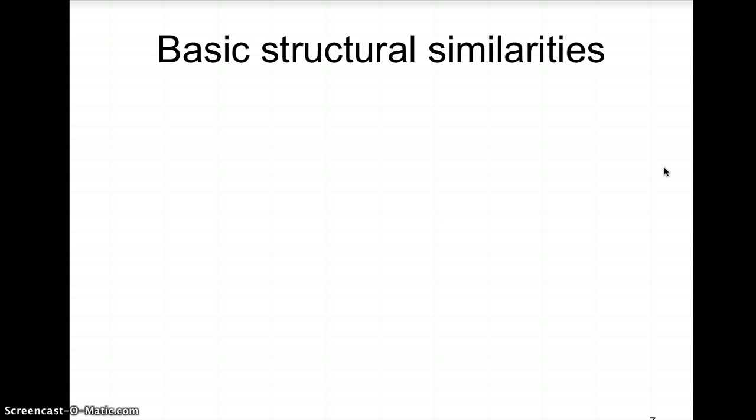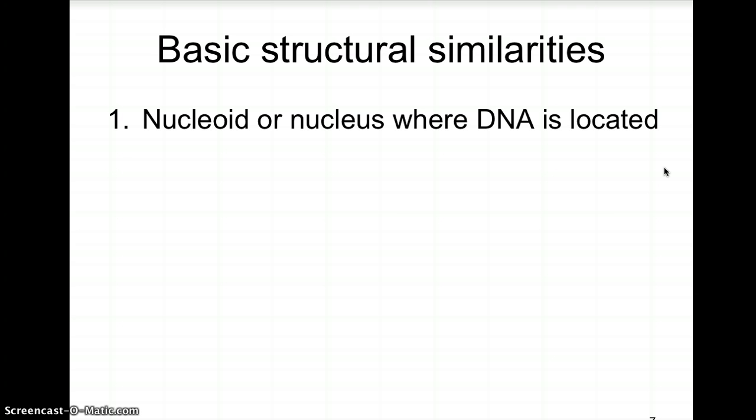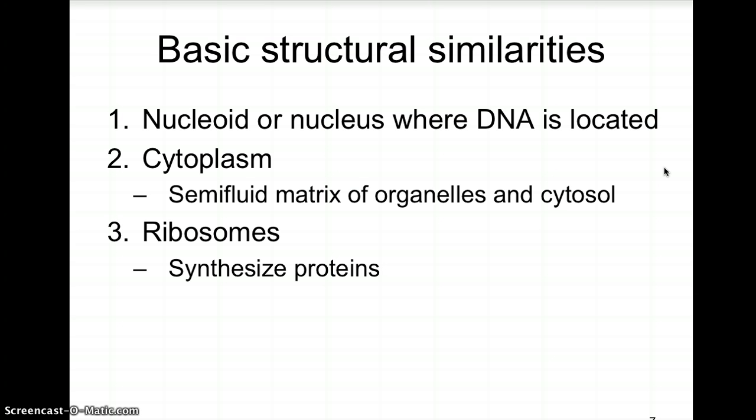organisms. Some of the basic similarities between prokaryotic cells, meaning bacterial or archaeal, and us, or eukaryotes like yeast, is that there's definitely a region, whether it's a nucleoid region or a nucleus, where DNA is located. DNA has to be present, and there has to be some sort of central region where it is stably kept.